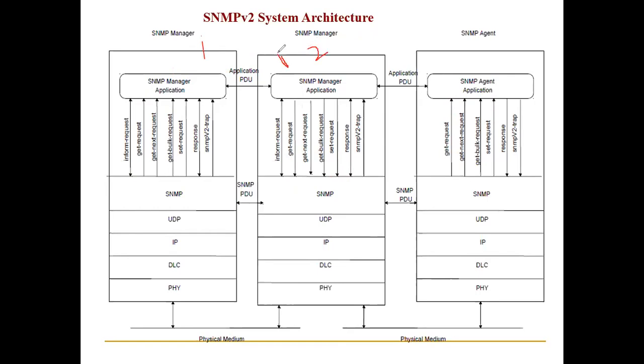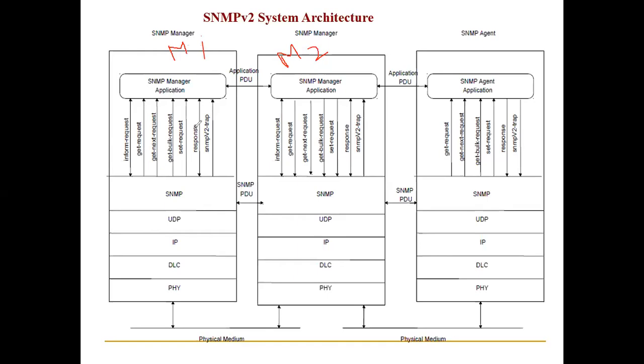Okay, which is the main manager? Can anybody tell? We had seen that in version 1 there is one manager and one agent, and they are communicating. Now to involve manager to manager communication, we have one more manager in the architecture to show that the managers can communicate or exchange management related data with respect to each other.